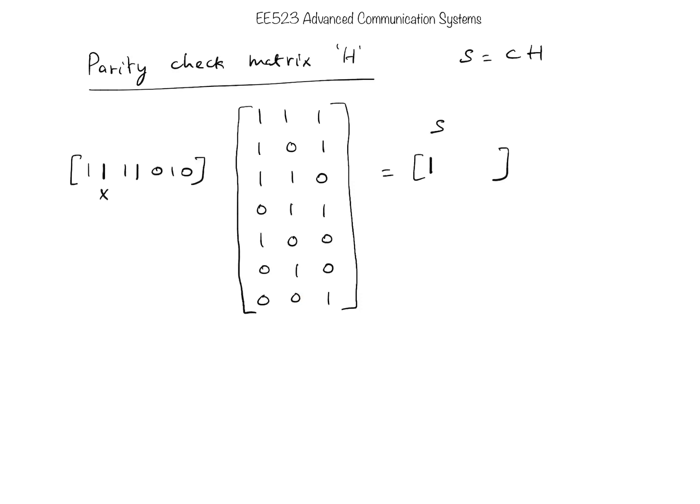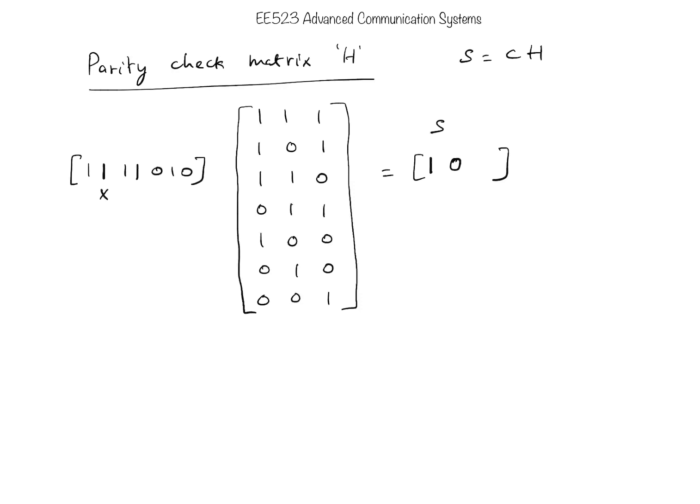So the total added up to 4, and since 4 is an even number, modulo 2 will give you a value of 0. So what you get here is 0.